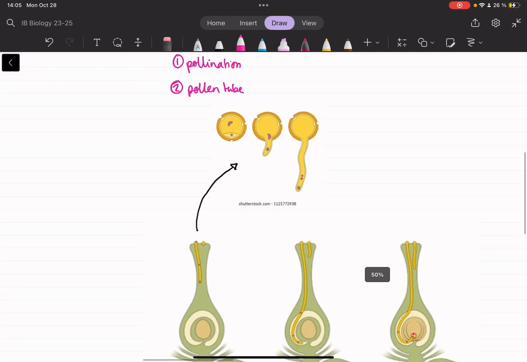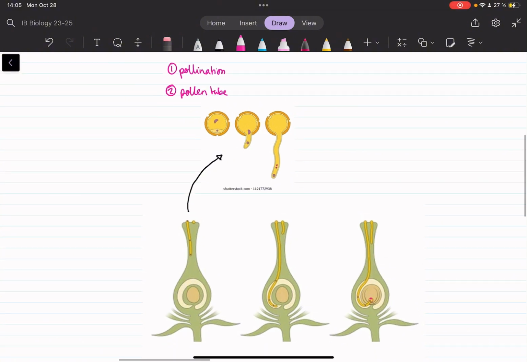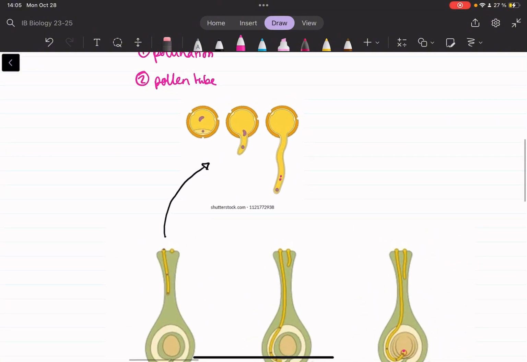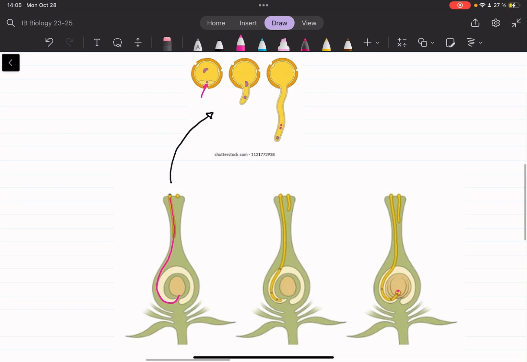And essentially, for the pollen grain to be able to fertilize the ovary, it's got cells inside of it, and one of the cells, namely this cell, will grow this pollen tube down the style and then up into the ovaries, as we can see in these diagrams.